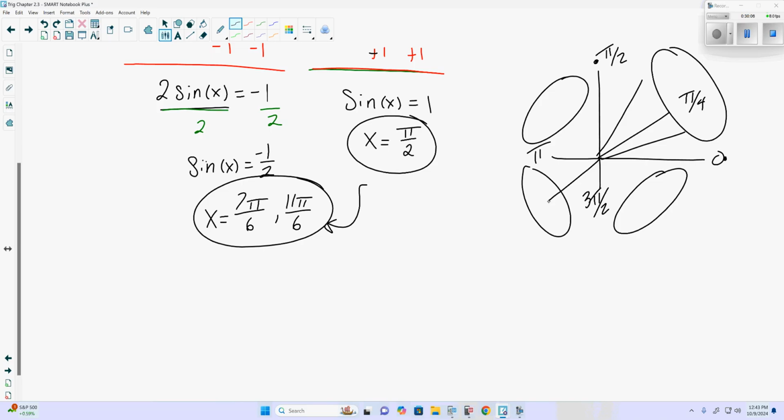The other positive is going to be over here at 5 pi over 4. If it's negative 1 for tangent, it's going to be over here at 3 pi over 4 or 7 pi over 4 because it deals with pi over 4.